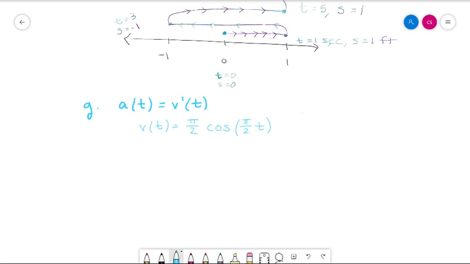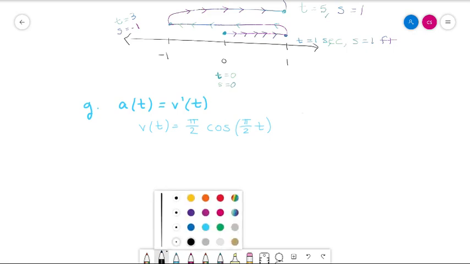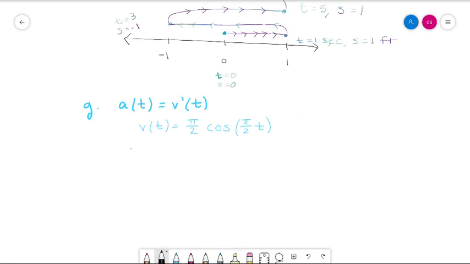And so the acceleration is going to be the derivative of that. We have a constant. Remember, we can kind of ignore the constant till the end. Now the derivative of cosine of pi t over 2, we have to use the chain rule again. What's the derivative of cosine? That's our outside function, negative sine.